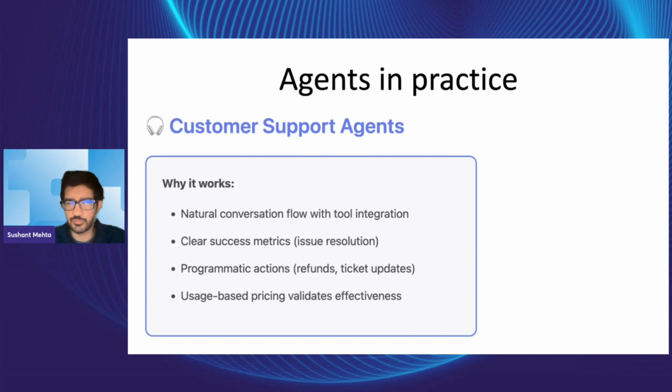Whether the ticket was closed or not, or if the user was happy with the resolution and what feedback they gave. The actions can also be nicely defined APIs, which are easy for the agent to take. That fits in very nicely as well. And there are business models that make these agents easier to try. For instance, you can have pricing that's based on usage and only charge customers when the agent is actually doing what it's supposed to.